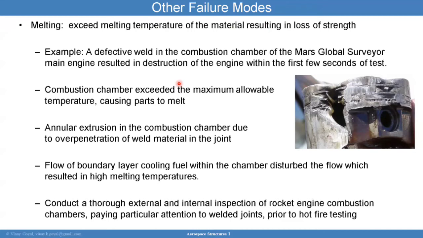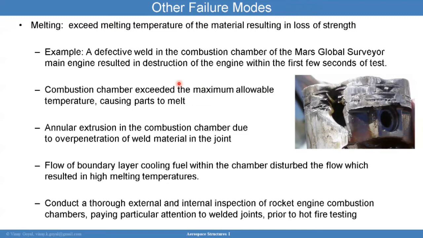And then you have the situation, why did this happen? It's because the weld material in the joint was circumferential. And this annular weld had some amount of extrusion into the combustion chamber due to that overpenetration of weld.